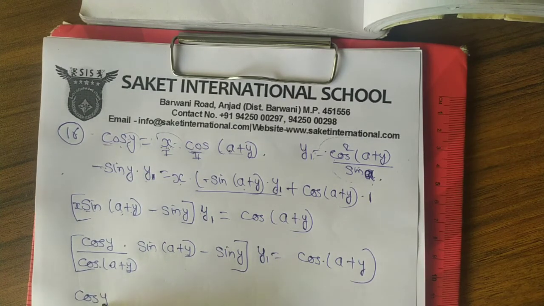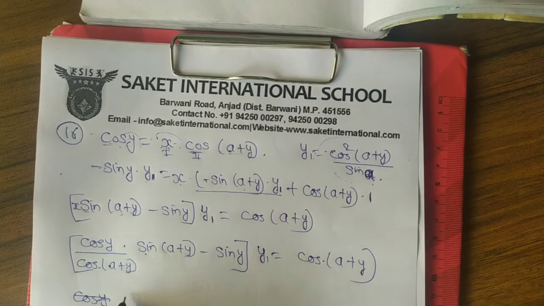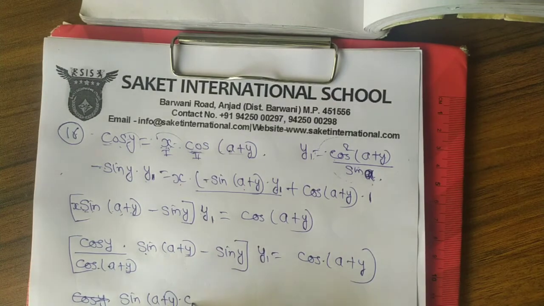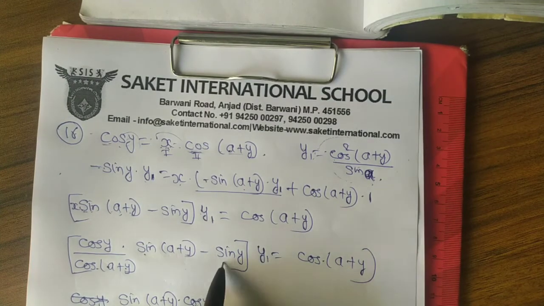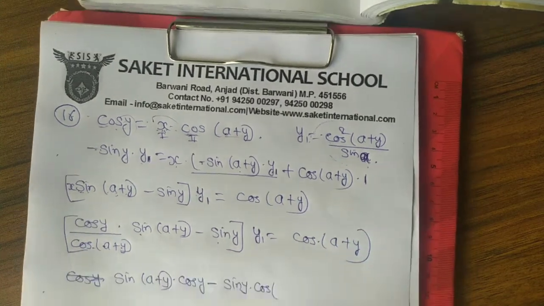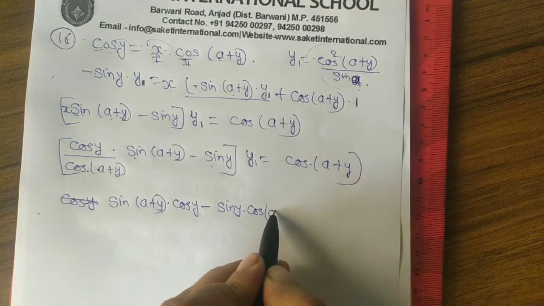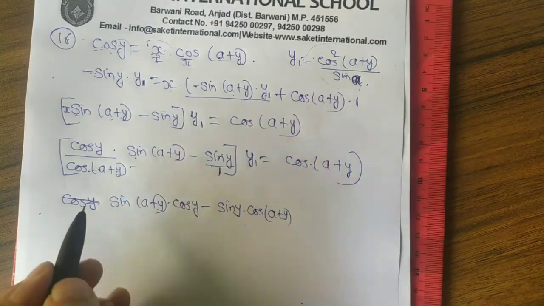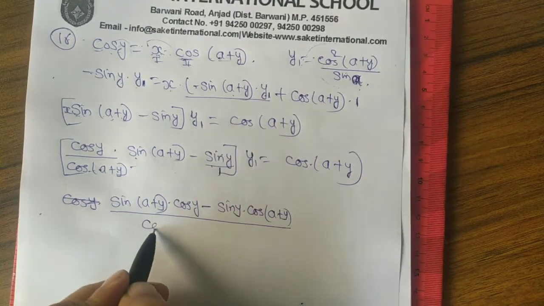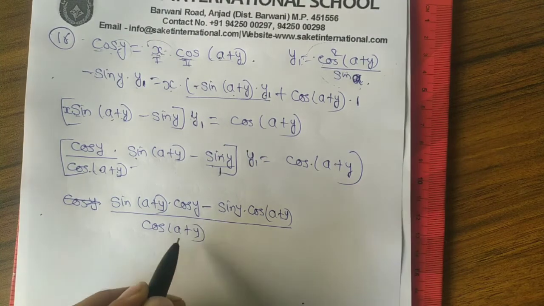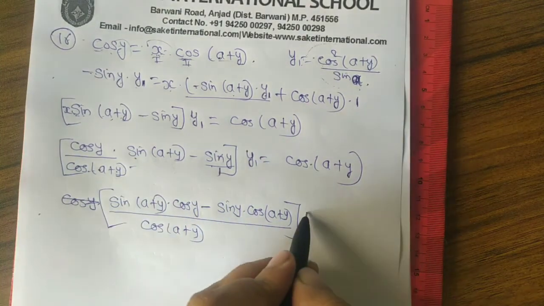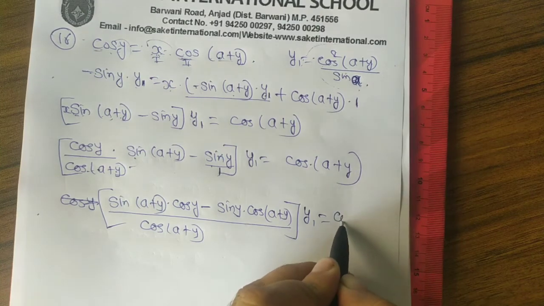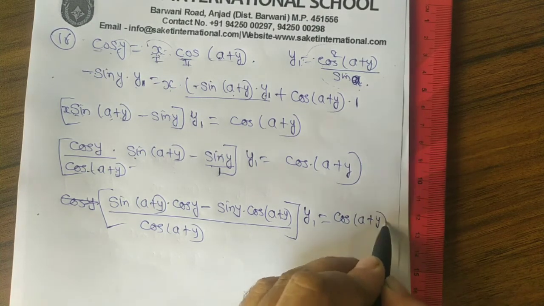So it will become sin (a plus y) into cos y minus sin y cos of (a plus y). I have taken just LCM, so it is upon 1, so it will be multiplied whole upon cos (a plus y), into y1 is equal to cos (a plus y).